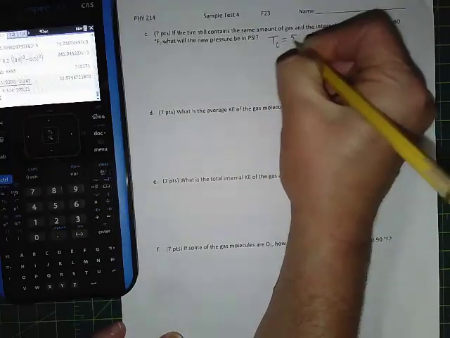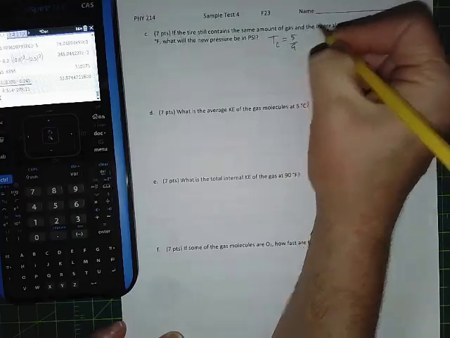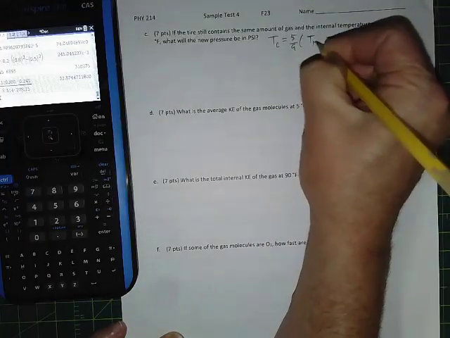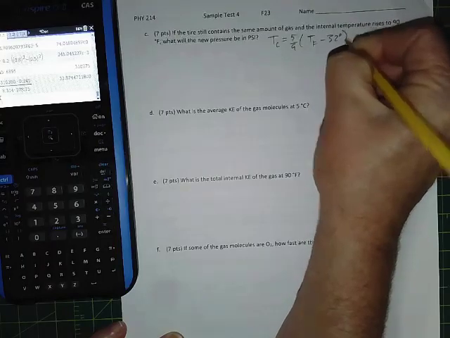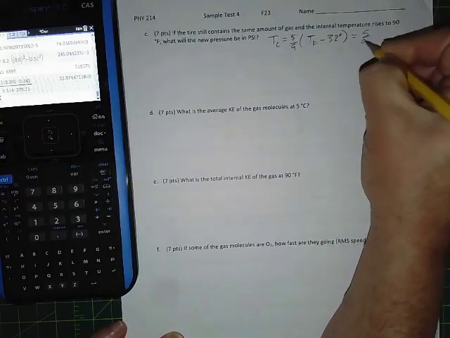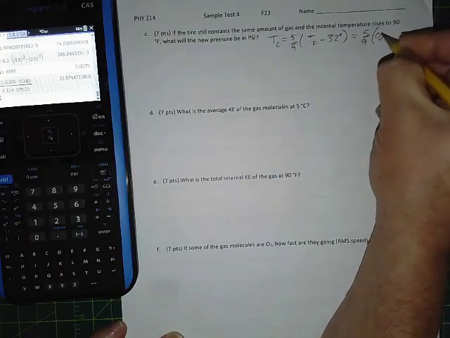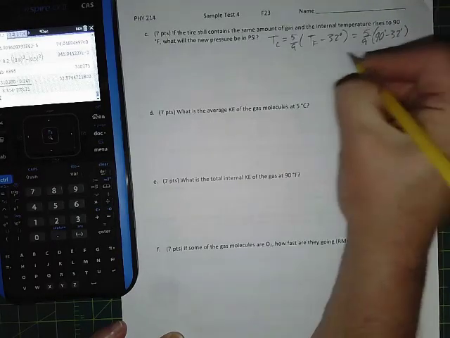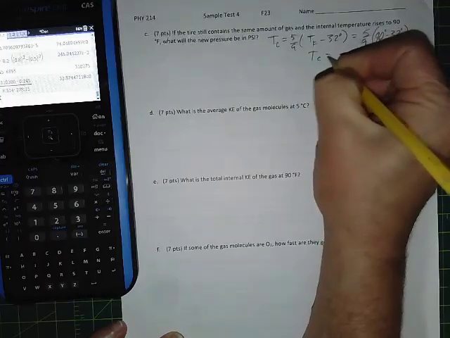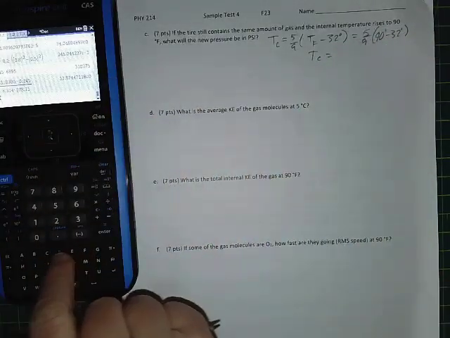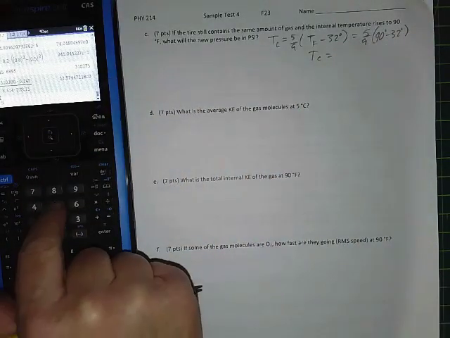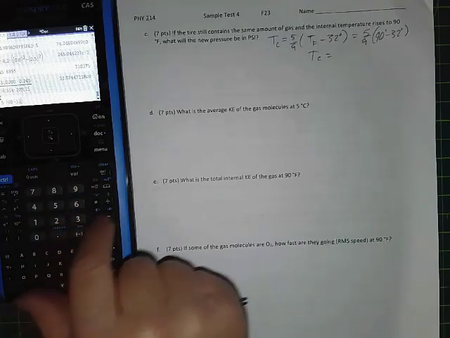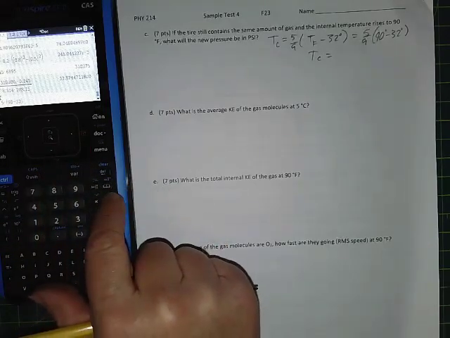Get the right formula, that'd be good. 5/9 of T Fahrenheit minus 32 degrees. 90 minus 32. So temperature in Celsius is 5 times 90 minus 32, divided by 9.